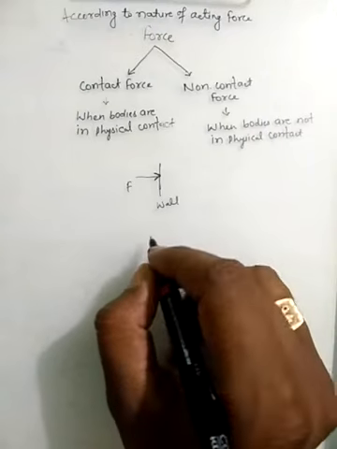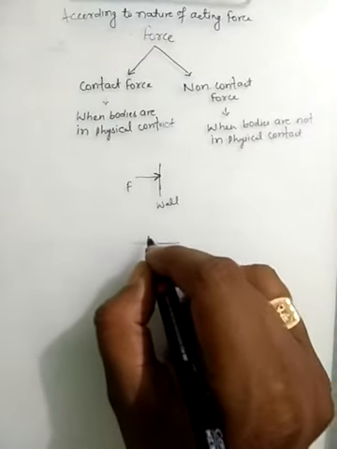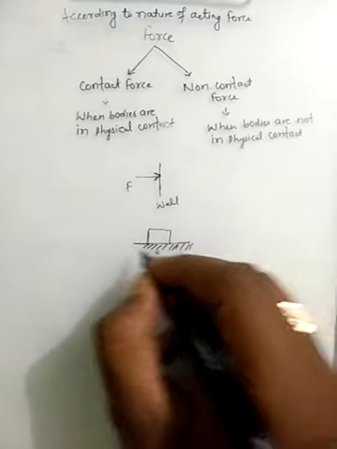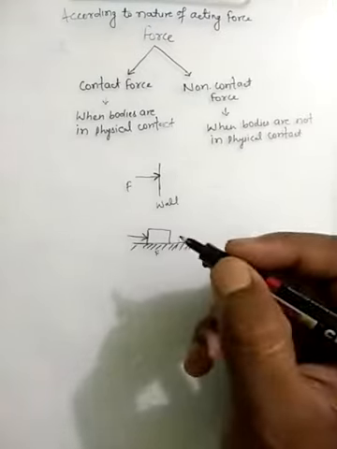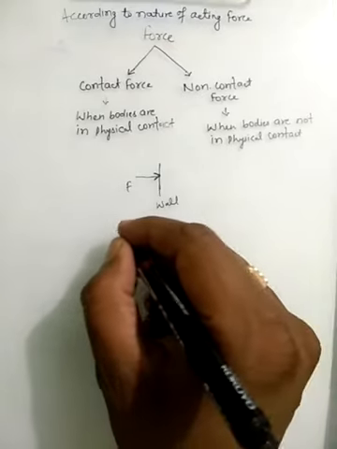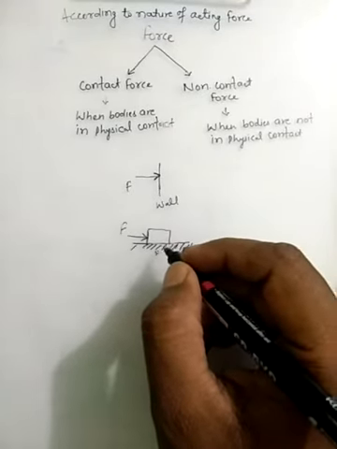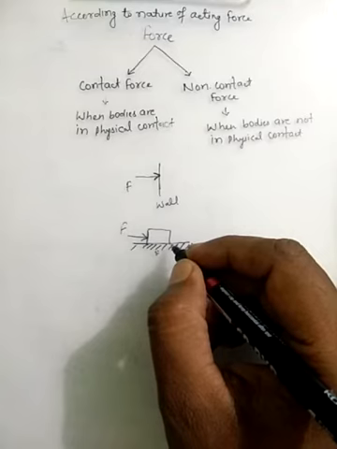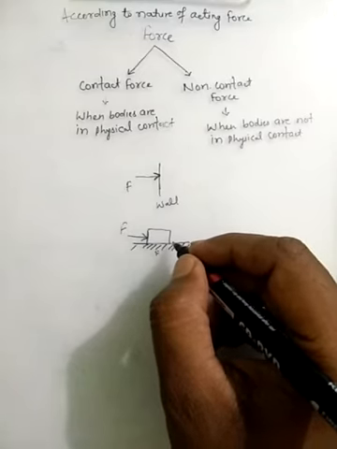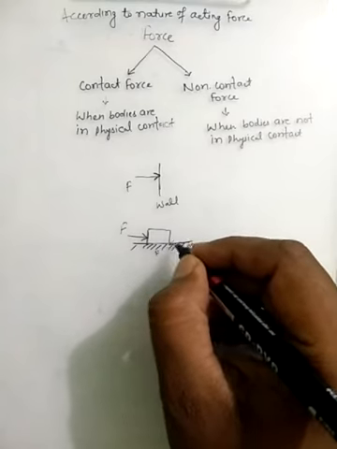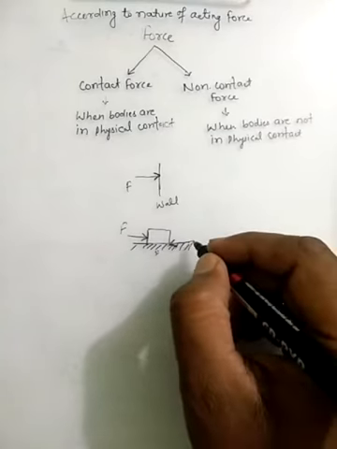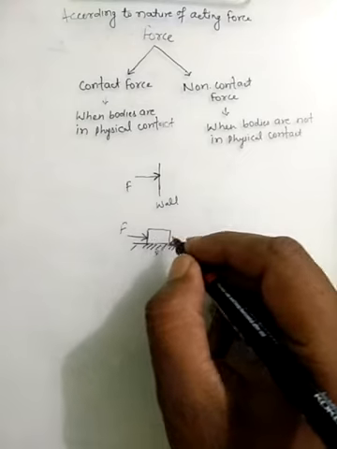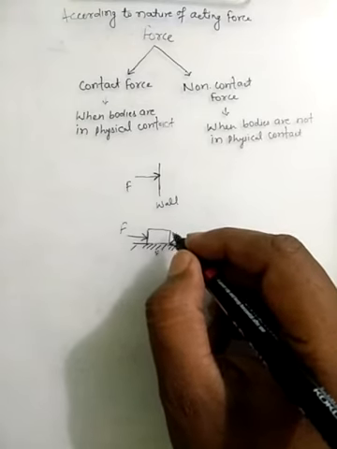Another example of contact force is if an object is placed on a horizontal surface and we push the object on the surface, and if the surface is rough, then there is always an opposing force acting in the direction opposite to the tendency of motion of the object.